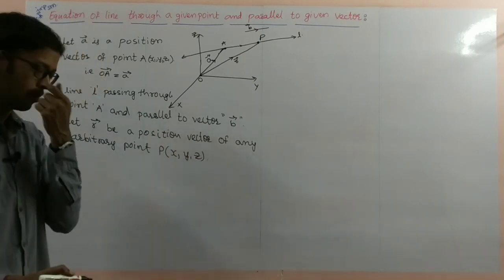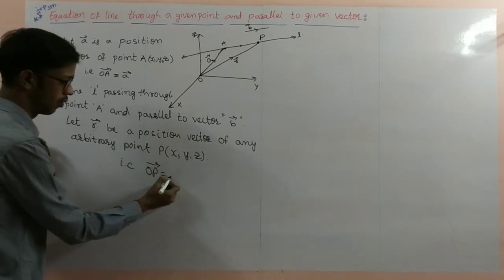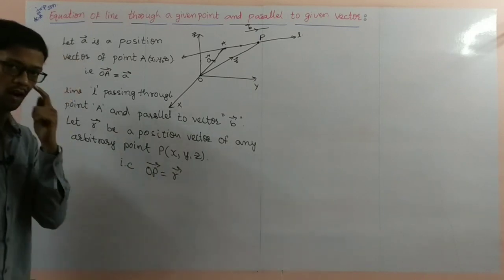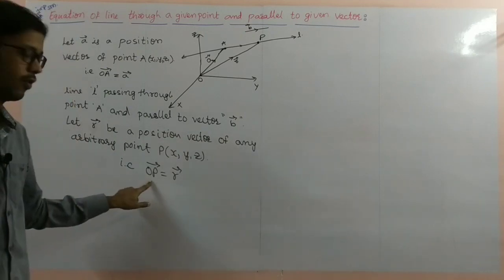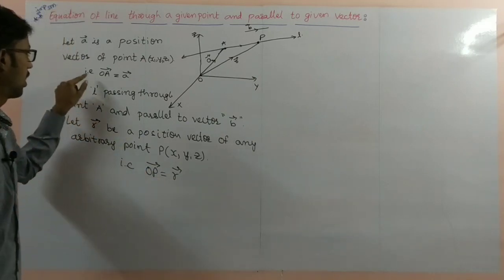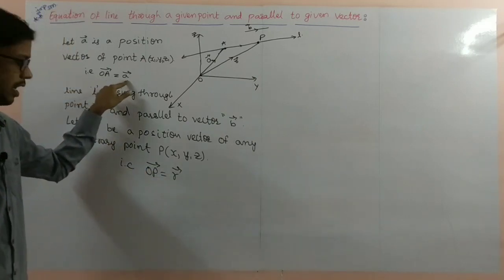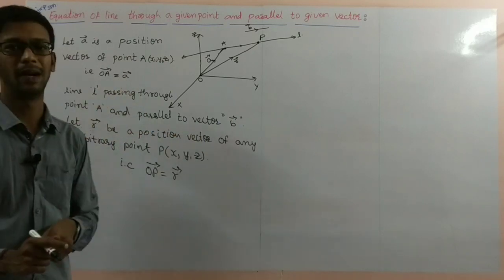R bar is the position vector, that is, OP bar equals R bar. Next, OA bar equals A bar, and the line is parallel to B bar.